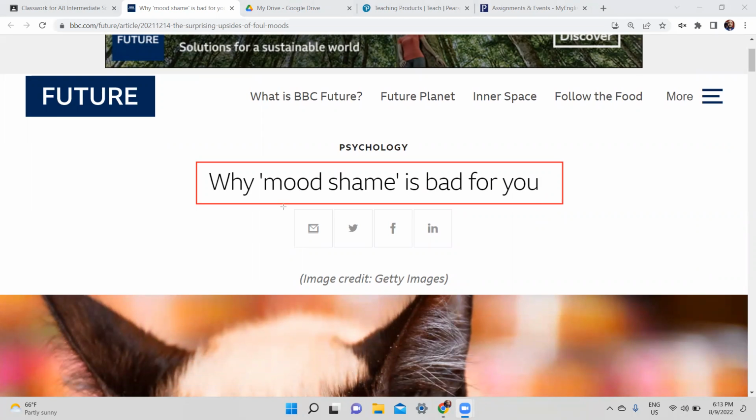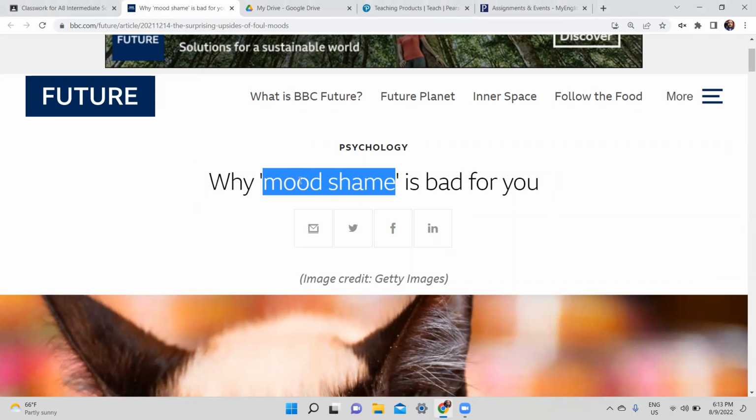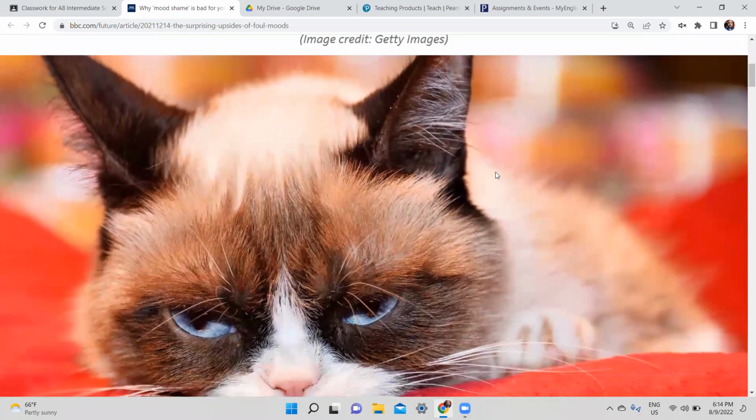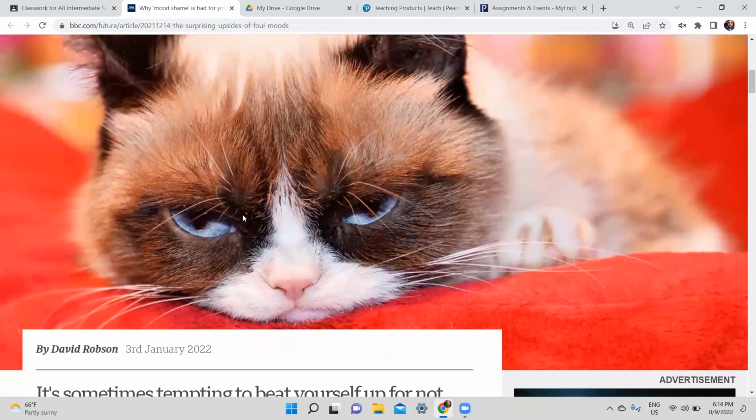All right, very good. Now, to understand the headline, we have to read the article. All right, in the article, they are going to tell us the meaning of mood shame. All right, but they are saying that mood shame is bad for us. We have to learn why. All right, let's go down below. Here you have an angry cat.